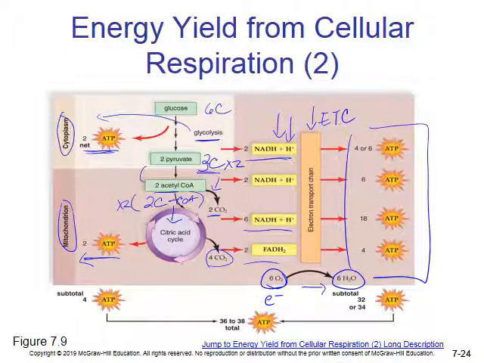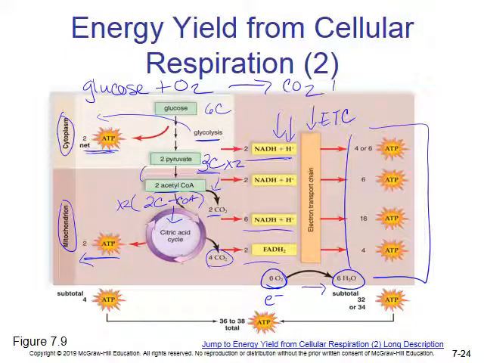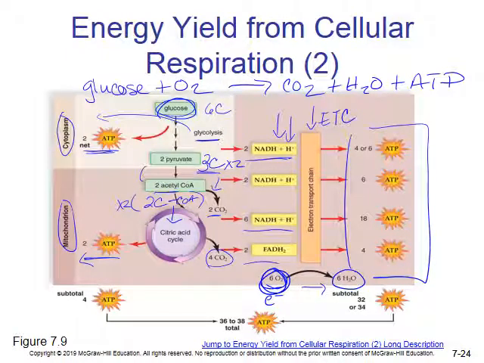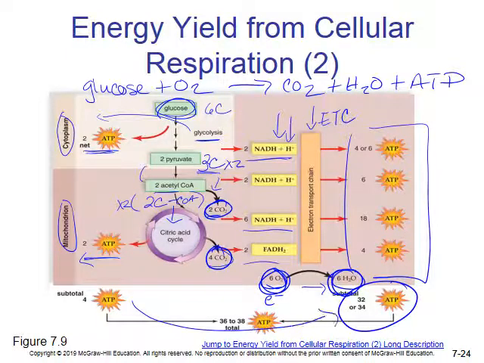So this should put into perspective, we start with glucose and oxygen, and we yield CO2 and water and ATP. We add the glucose, we add the oxygen, we end up with CO2, water, and lots of ATP. This is where we get anywhere from 36 to 38 ATP molecules from one glucose molecule.